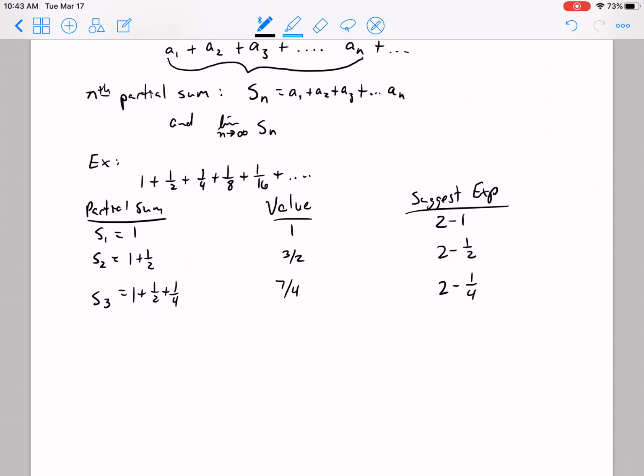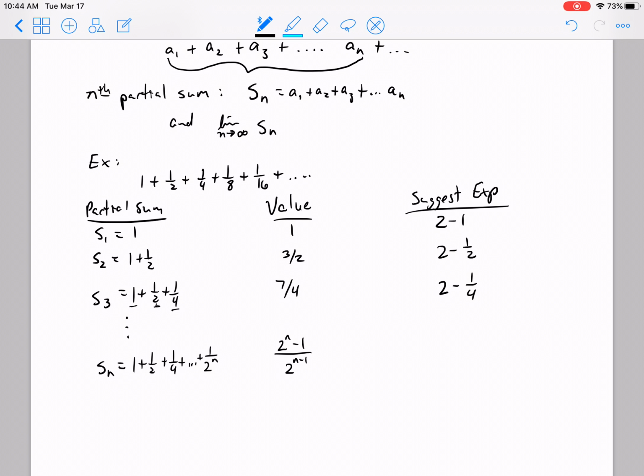And basically we can keep going like that, and we'll get the sum of the nth one, 1 plus 1/2 plus 1/4 plus dot dot dot 1/2 to the n. So whatever one we're on, 2 to the 0, 2 to the first, 2 to the second, so on and so forth, and we end up with 2 to the n minus 1 over 2 to the n minus 1.